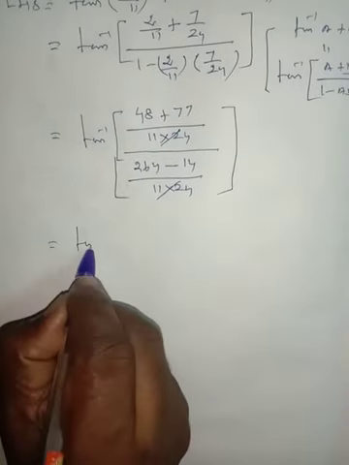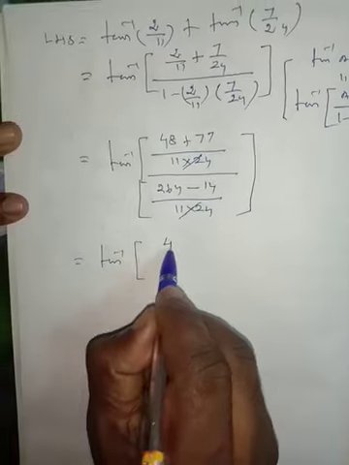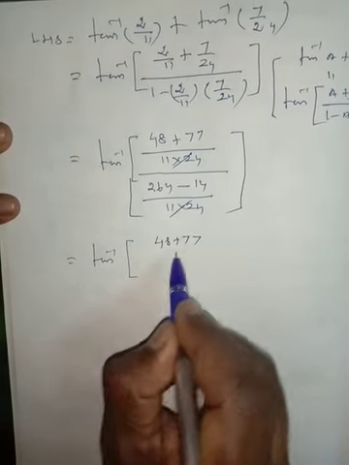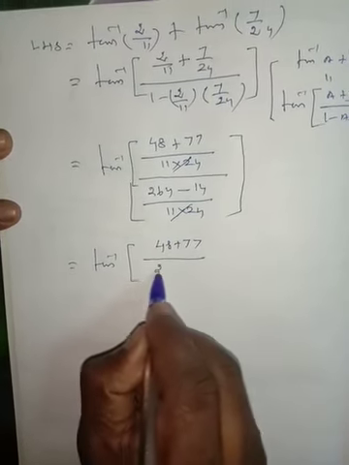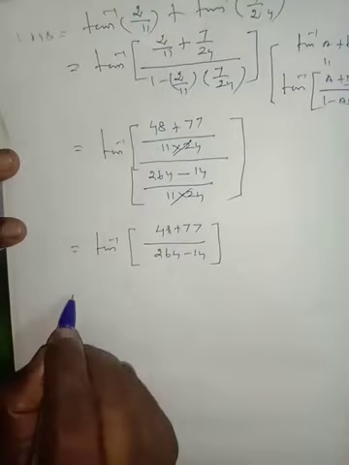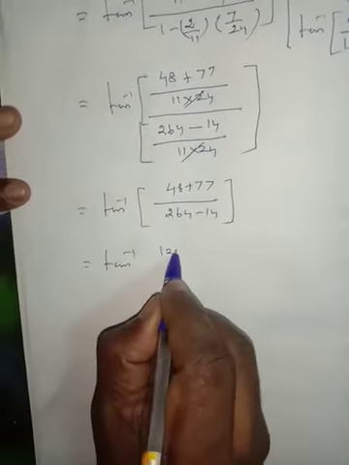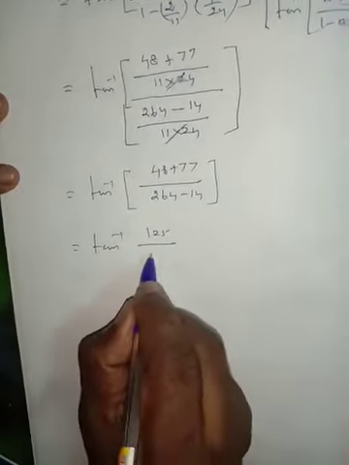Denominator cancel. Tan inverse of 48 plus 77 divided by 264 minus 14 is equal to tan inverse of 125 divided by 250.